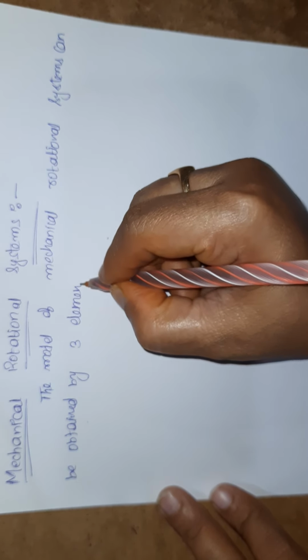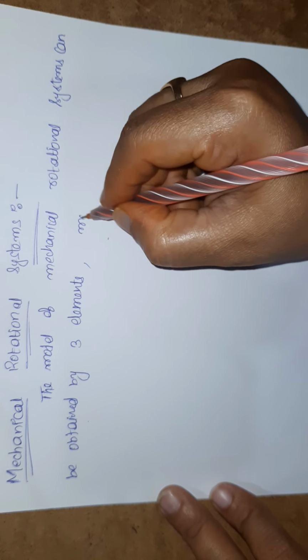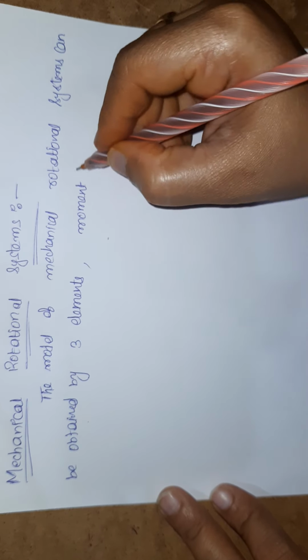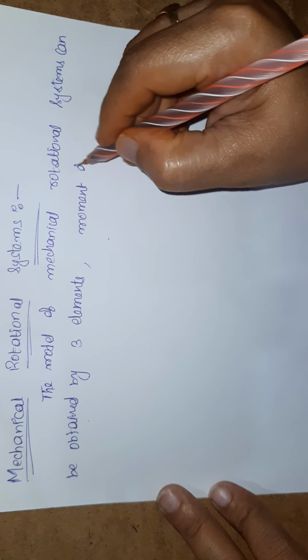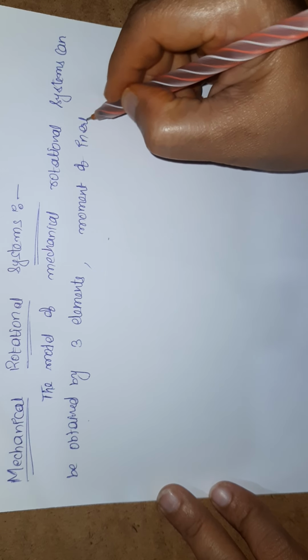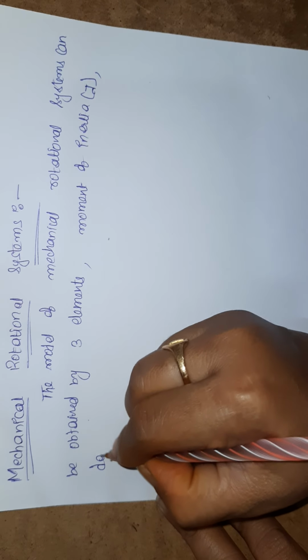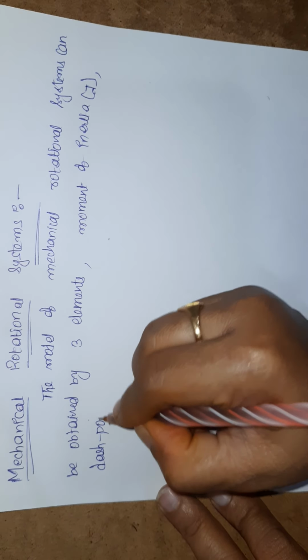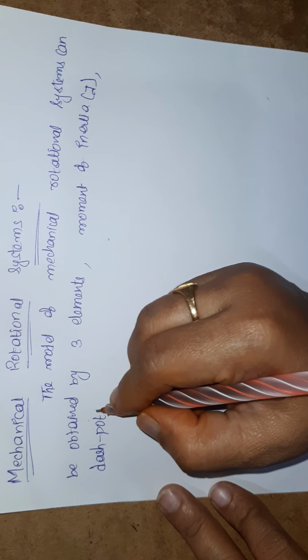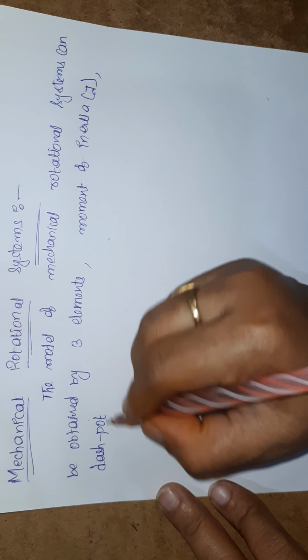What are those? Moment of inertia, just like mass in mechanical translational systems. Moment of inertia is represented by J. There it is capital M. Next, dashpot and spring, same as translational systems.